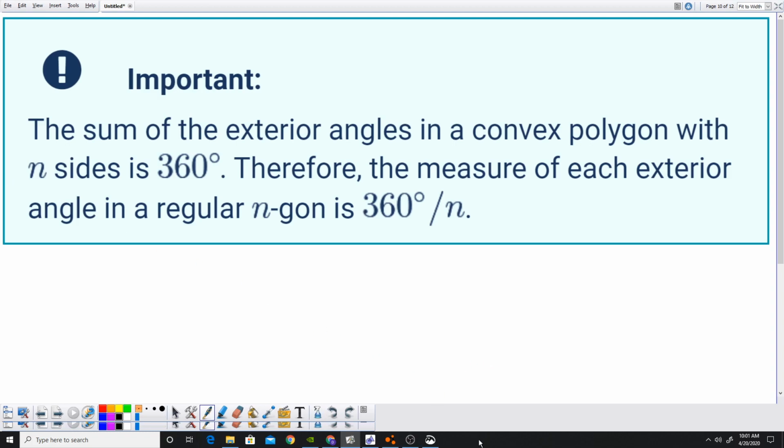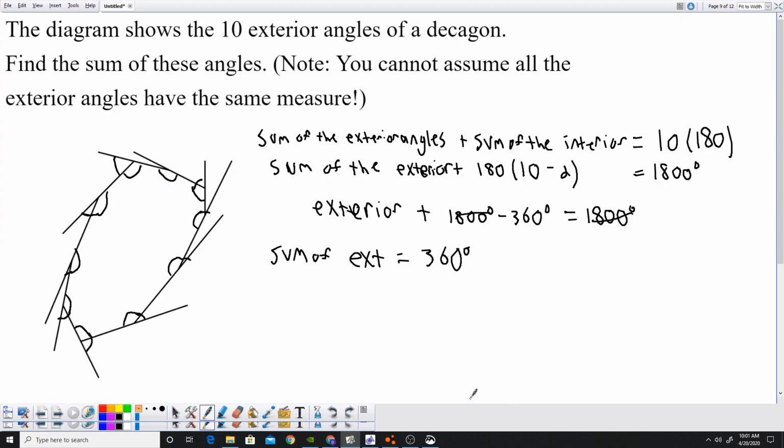It's not a really difficult proof, but we're just kind of accept this as truth. And we can just see the logic of how it would always work out and replace the number of sides. So you would just replace like a 10 with an 8, or in the proof you would just replace the 10 with an n, and you would see that it all still cancels out, and you always are just left with 360.